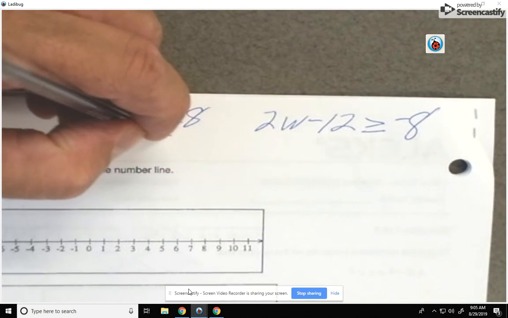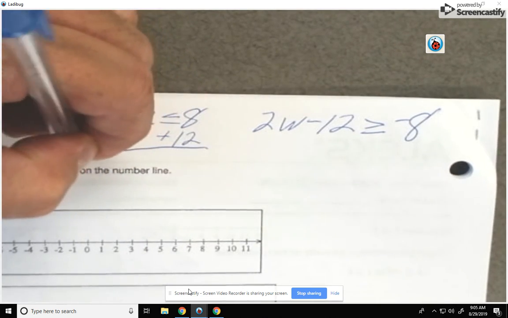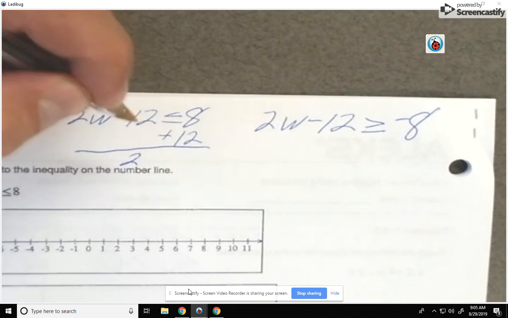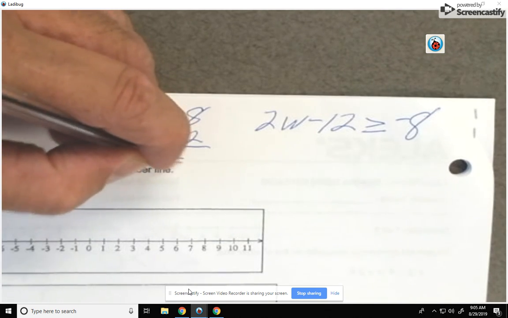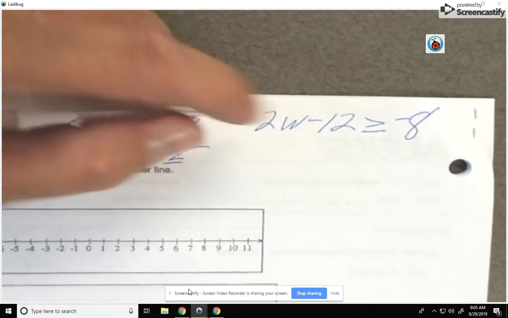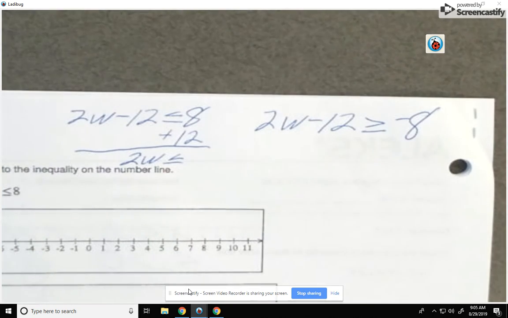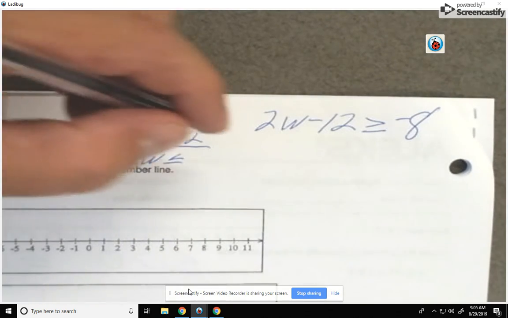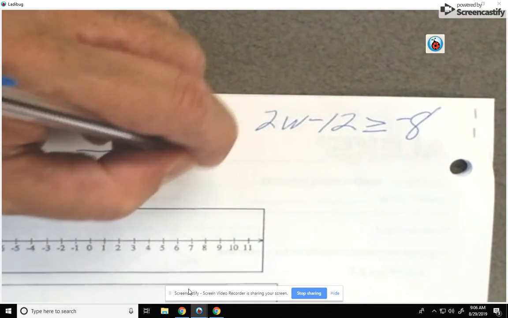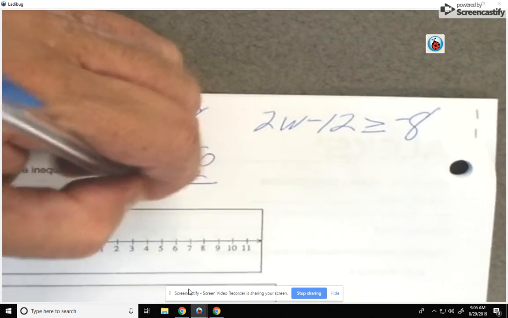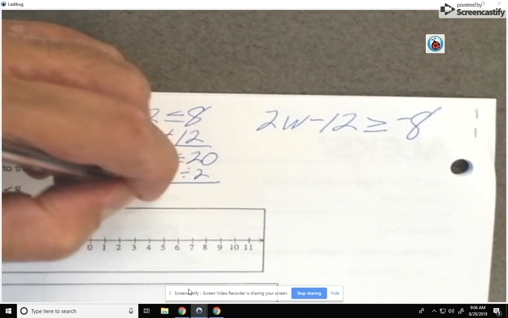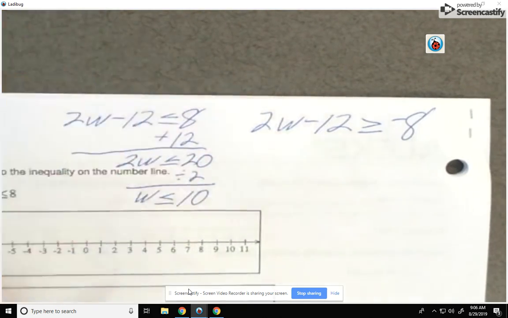Okay, so here we just start to solve. So we know we start out by adding the 12. So here 8 plus 12 will give me an answer of 20. I divide by 2 to get 10.